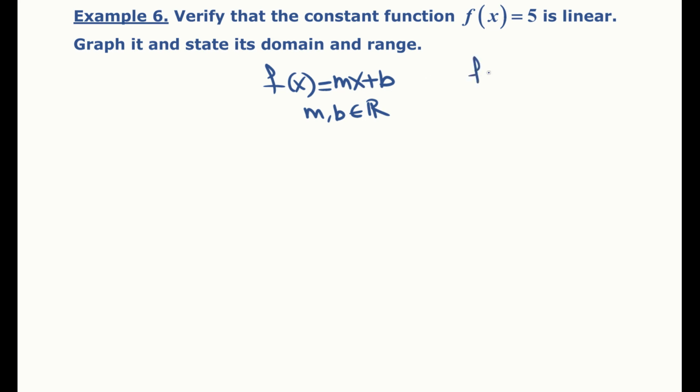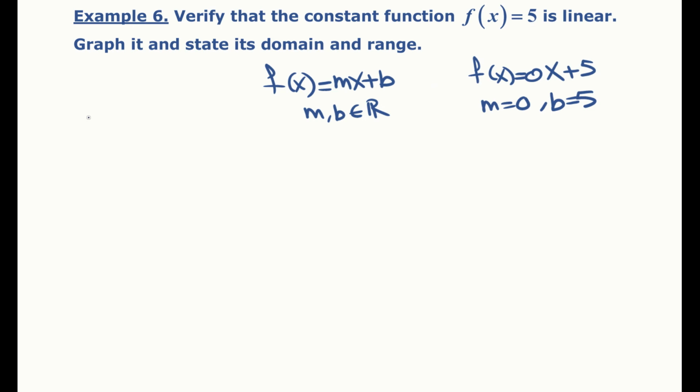Notice I can write this as f of x equals, when I notice there is no x term, right? But that means I can always write 0x plus 5. So notice m is 0 and b is 5. So we have verified that it is in fact linear. Its graph should be a straight line, and of course we know it is.